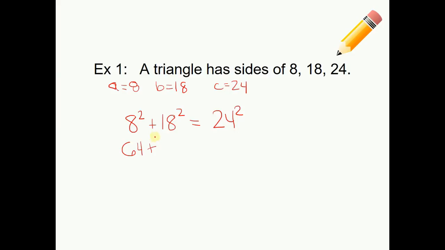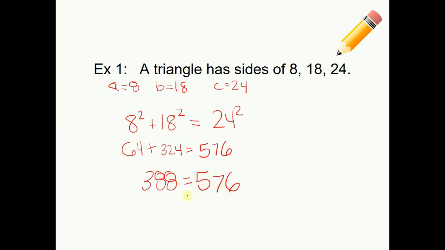is 324, 24 squared is 576. All right, let's add the other side together. So I'll get 388 on the left-hand side equals 576.